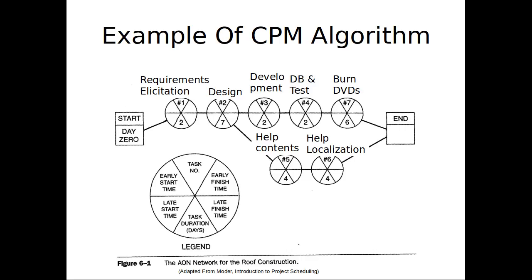Okay, so given that, what's the early finish of activity 1? 2. Okay, good. What's the early start of activity 2? 2. It only depends on one thing. It's completely straightforward. And what's therefore the early finish? 9.